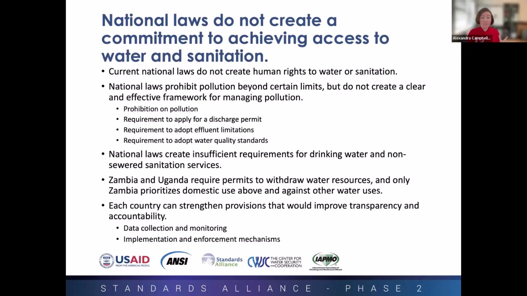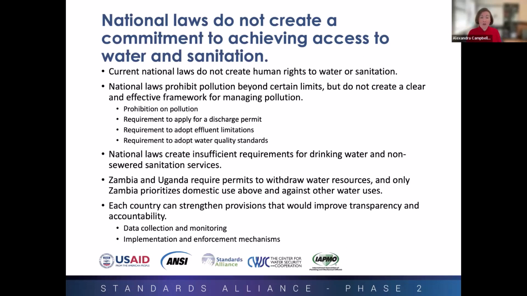And so if you were to release so much contamination into a source water that it can no longer be used to source drinking water, that threatens access to water. And so that's why having those water quality standards in place is a really fundamental part of the human right to water, or simply just achieving access to water and sanitation.